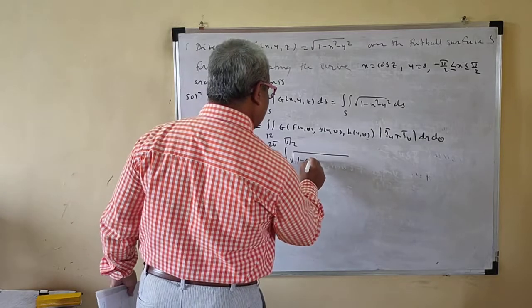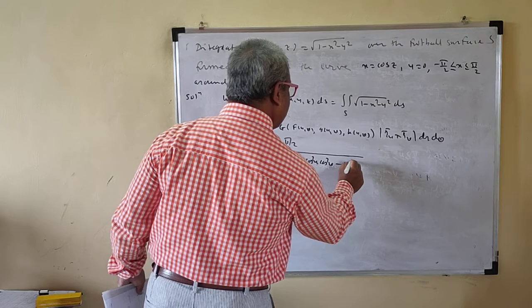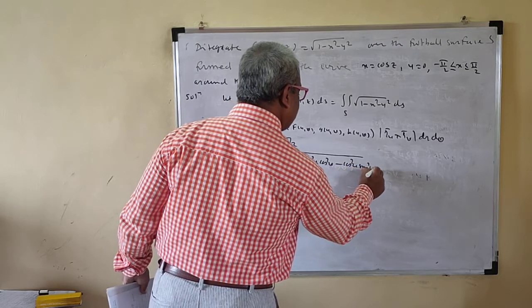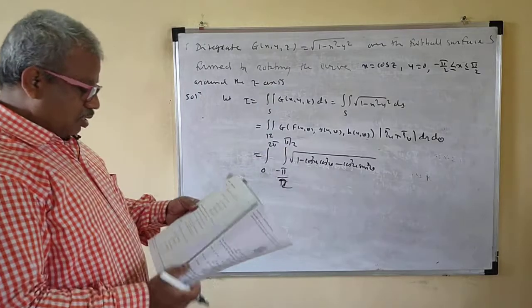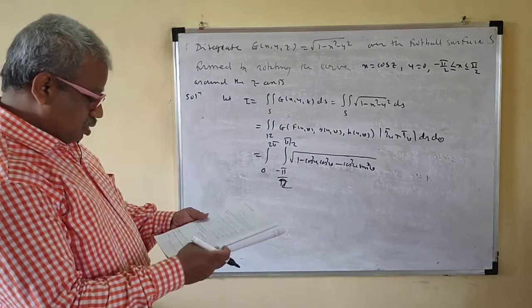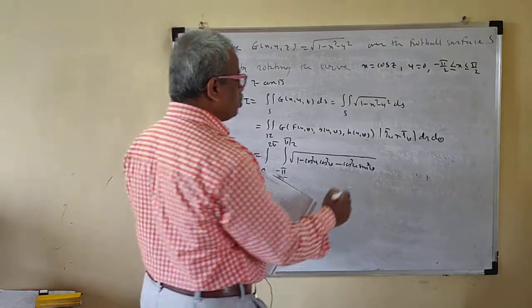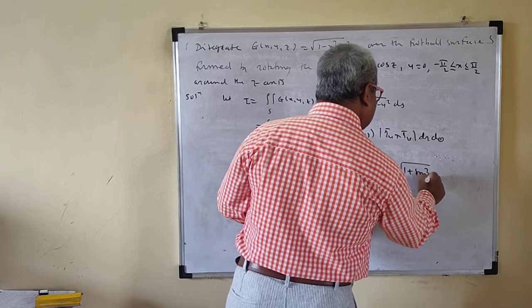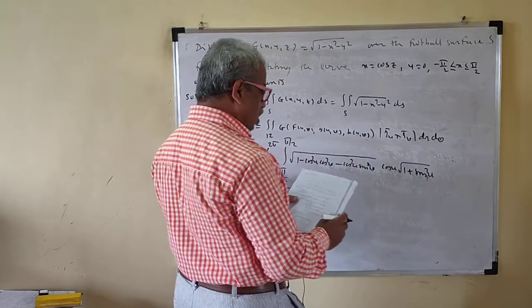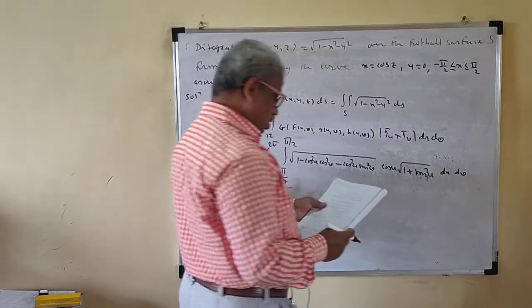So this is cos square u cos square v minus cos square u sin square v. Okay, the modulus of this is cos u into root of 1 plus sin square u. Okay, so this you have to du dv.